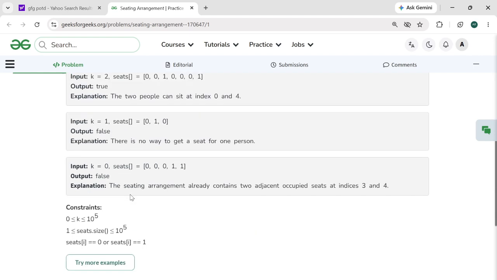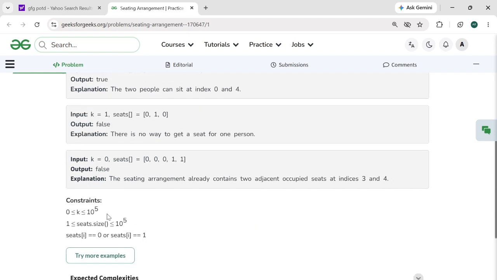So first let's look at the constraints. The constraint says that we can have up to 10 raised to 5 people, where k is the number of people who are currently unseated and we want to seat them in these empty seats. And the seats array size is also 10 raised to 5.